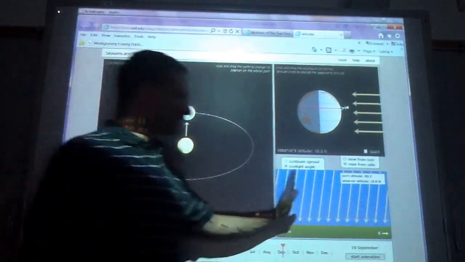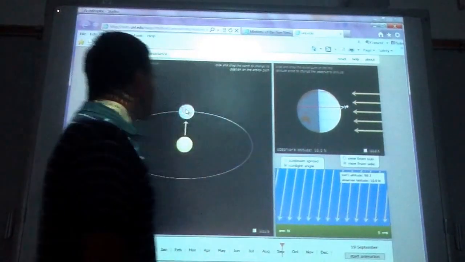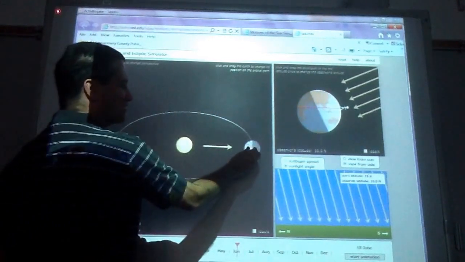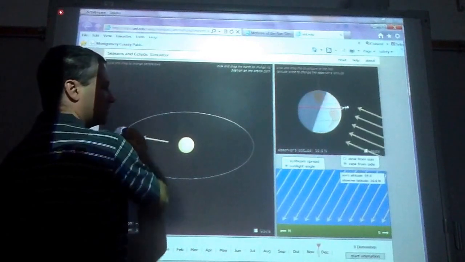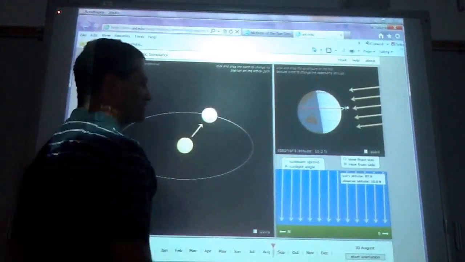And we talk about the angle of the sunlight during different times of the year. The sunlight is coming in at different angles at different latitudes.